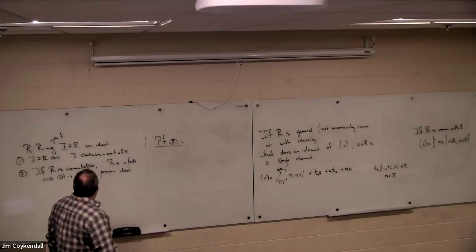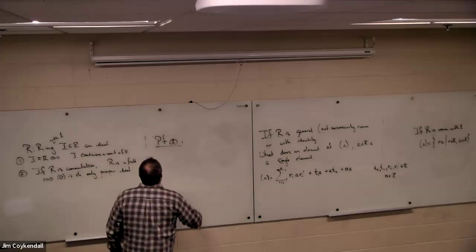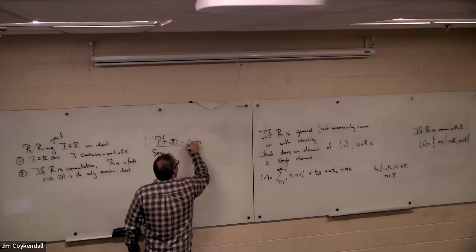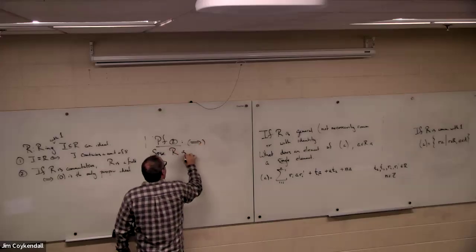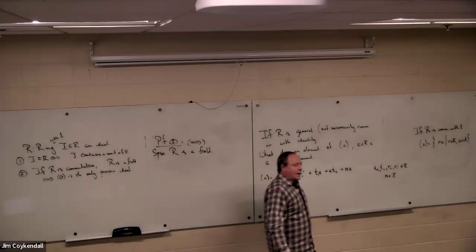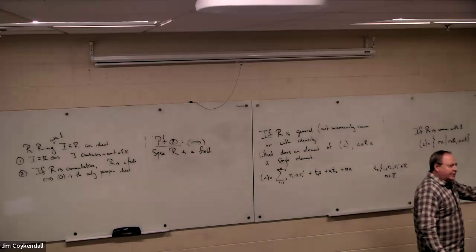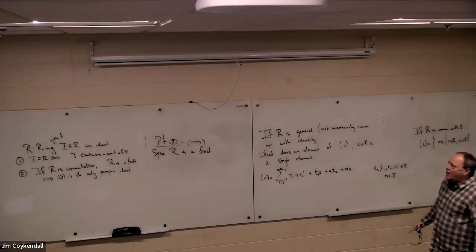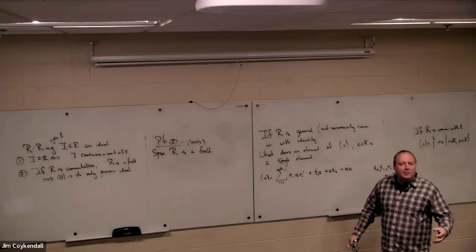Proof of two. Suppose R is a field. What does it mean to be a field? It means that the non-zero elements are grouped under multiplication.